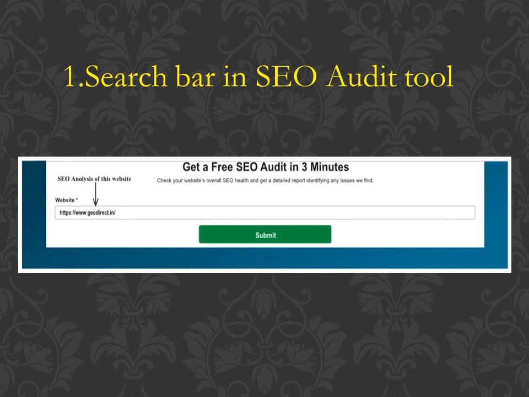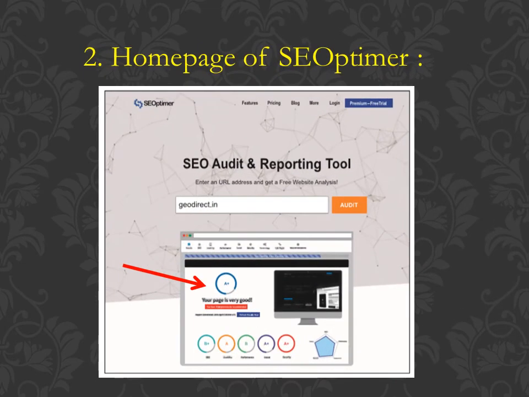As you can see on the screen, this is the first search bar in the SEO audit tool. So this is the first diagram. When you enter your website, it analyzes your website within 3 minutes and gives you the result. Then this second diagram shows the home page of the SEO Optimer audit tool.